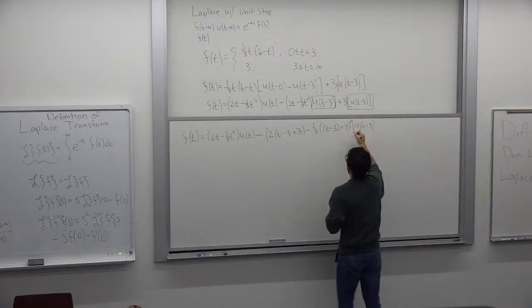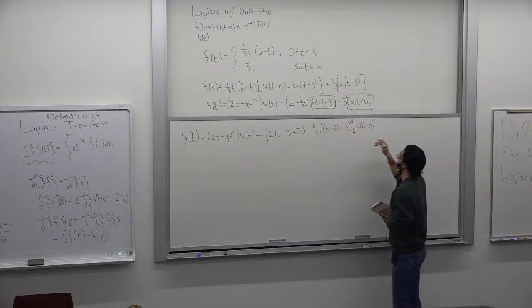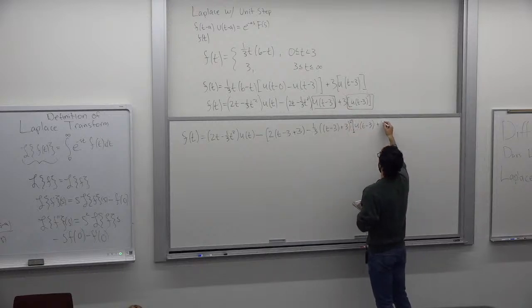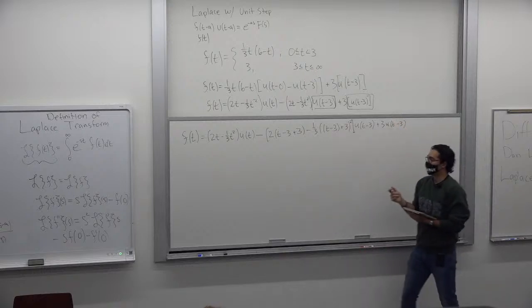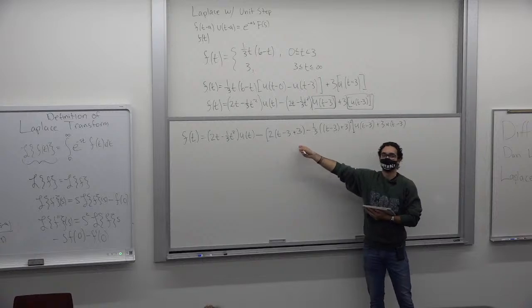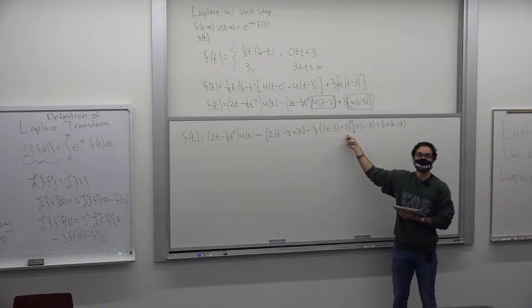And like I said before, there's no t in this term, so we can just keep that the same. So plus 3 u(t minus 3). Are there any questions about how I plugged in this negative 3 and plus 3?